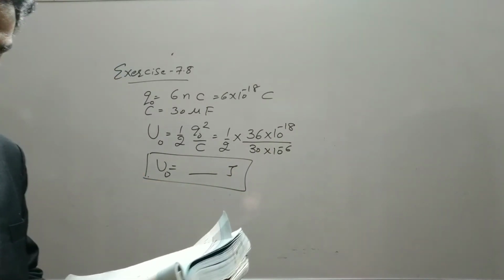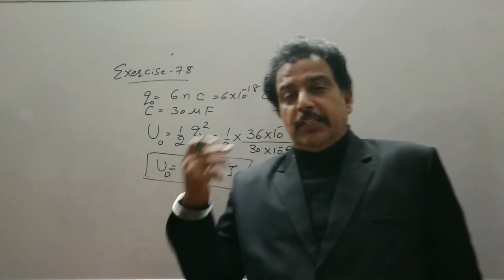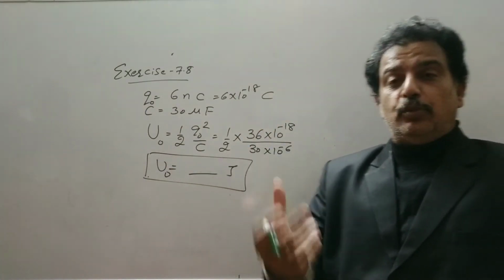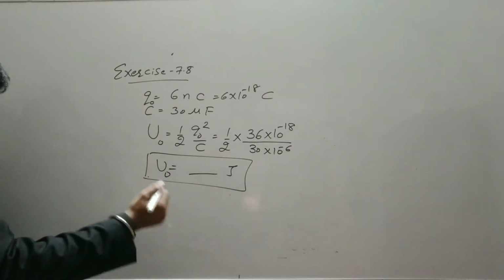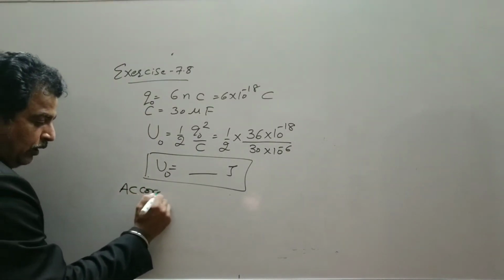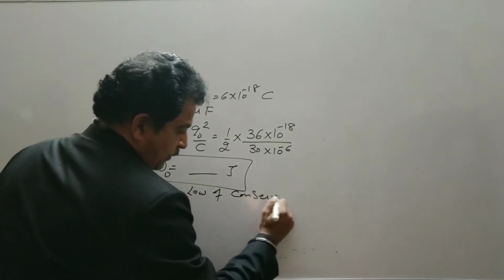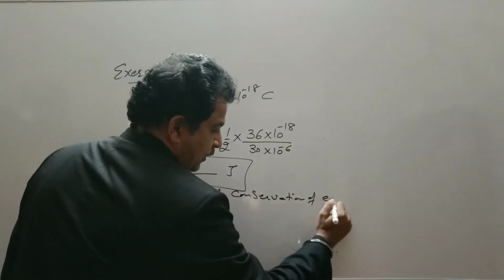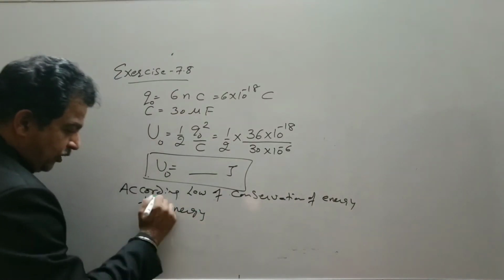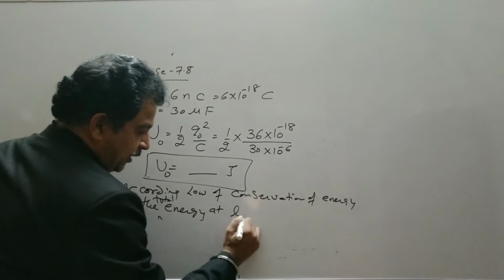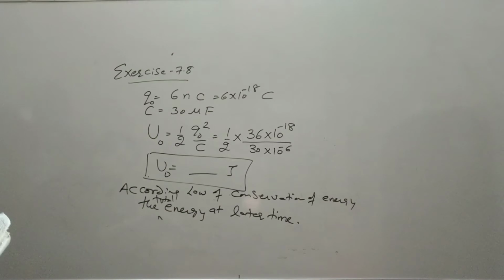Now the question continues, what is the total energy at the later time? Now we know that whatever is the initial energy, that should be equal to the final energy according to the law of conservation of energy. So the total energy at later time or at any time, we are talking about the total energy only.